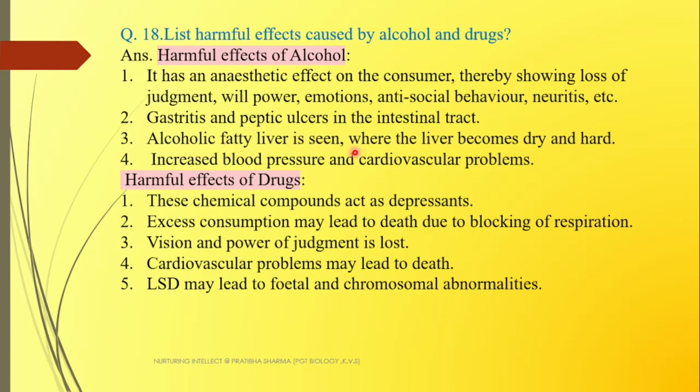Alcoholic fatty liver is seen, okay, because the metabolism of alcohol is taking place in the liver, so it affects the health of the liver and causes liver cirrhosis. It causes increased blood pressure and cardiovascular problem.